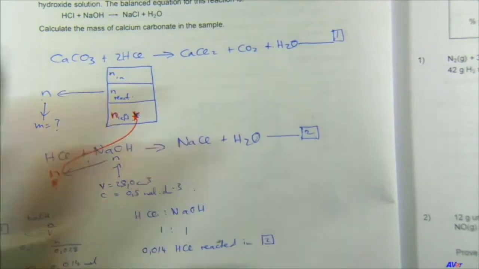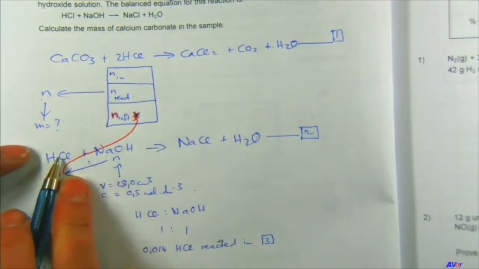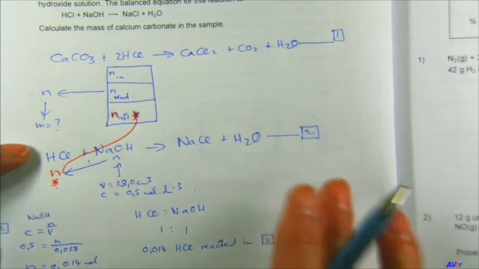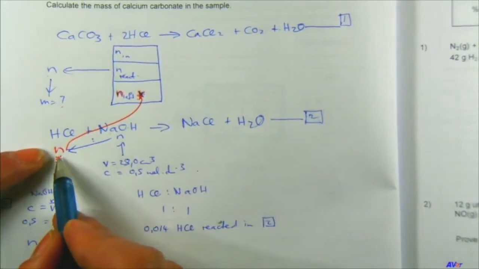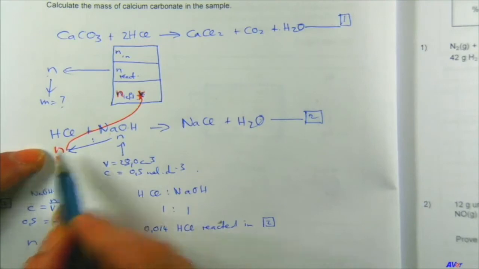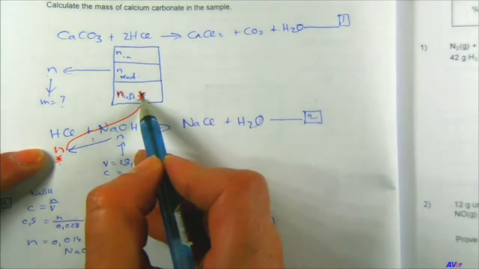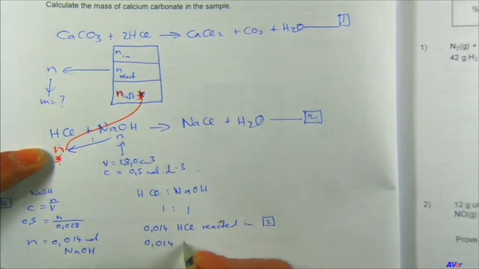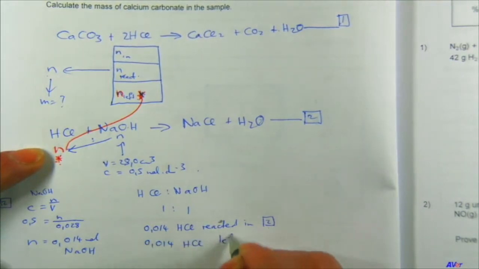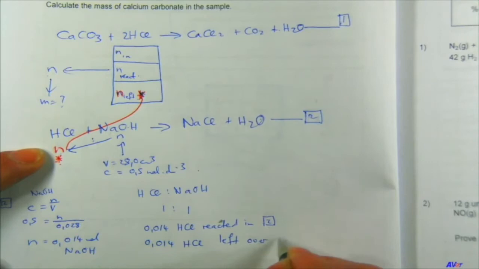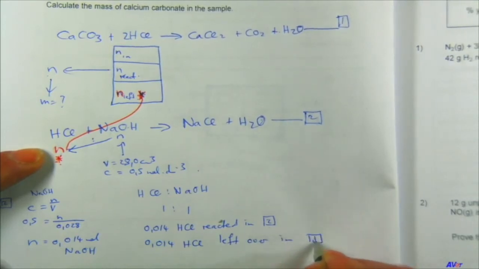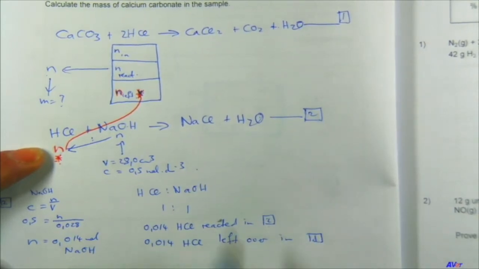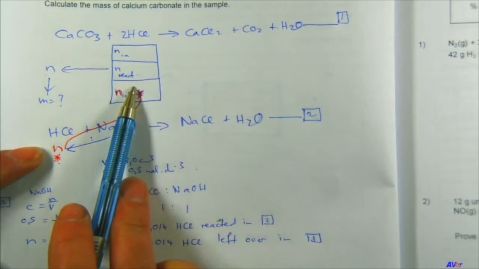So up to now, we've only worked with the second reaction. But what do we know? If that was what reacted in the second one, that was what actually was left over in the first one. So 0.014 HCl was left over in the first reaction. So now we have that one.